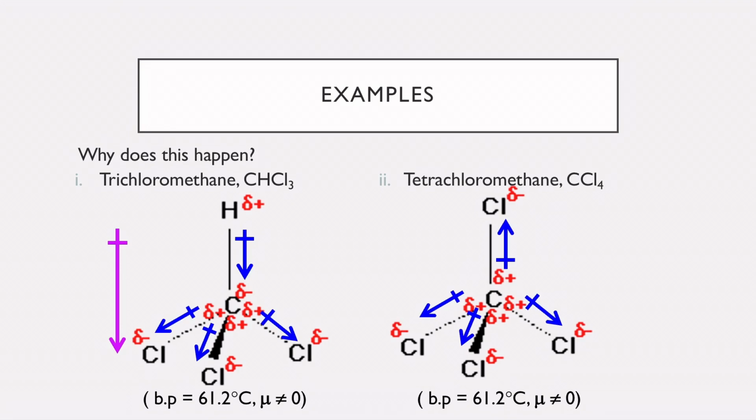But in this case, this is a polar molecule and this is a non-polar molecule. So tadi kata the polar molecule will have dipole-dipole forces. Therefore, supposedly your boiling point will be higher for CHCl3. But right here, if you look at the boiling point, it is the same.